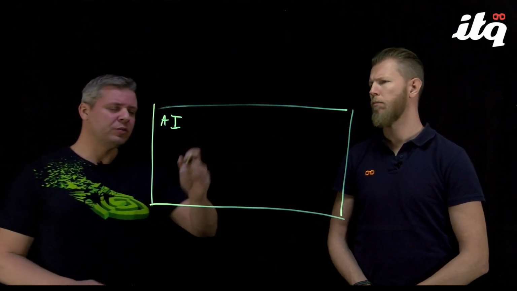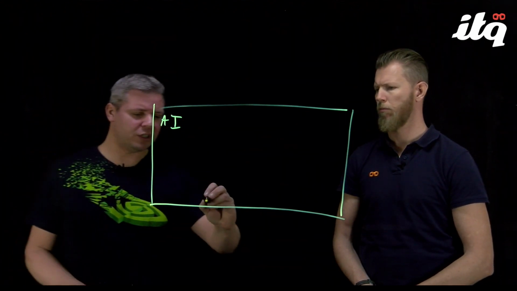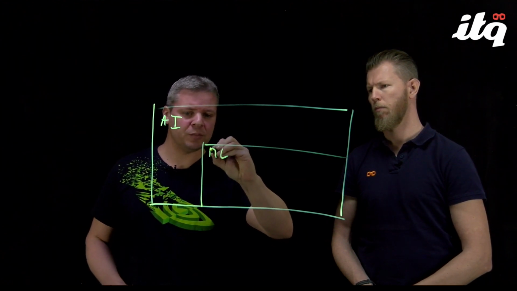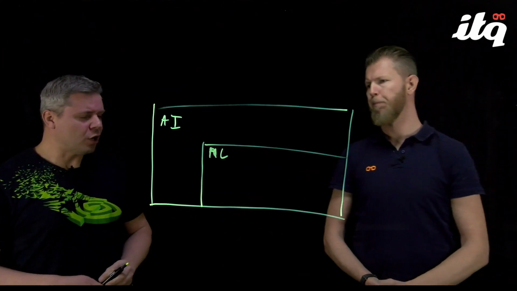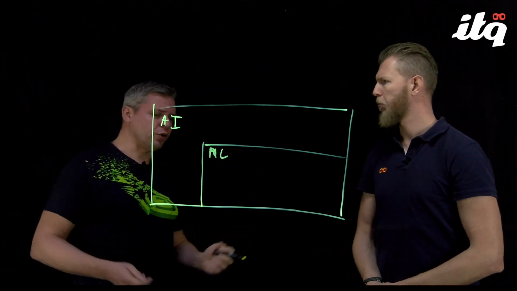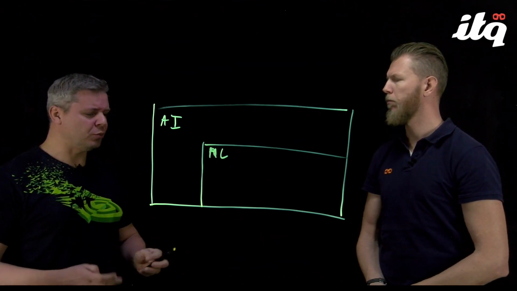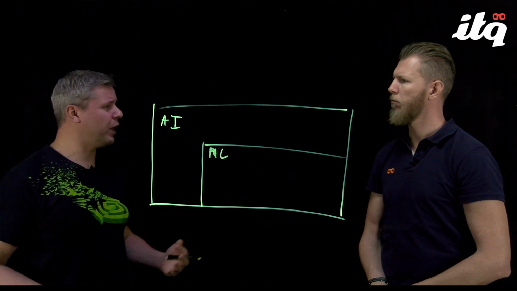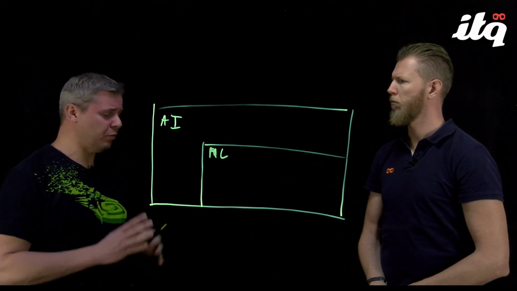And within the level playing field of AI, we have a segment which we call machine learning. Sorry, basically a subset of AI. Yes. Machine learning has been around for quite some time already. It requires a domain expert who understands everything in this domain.